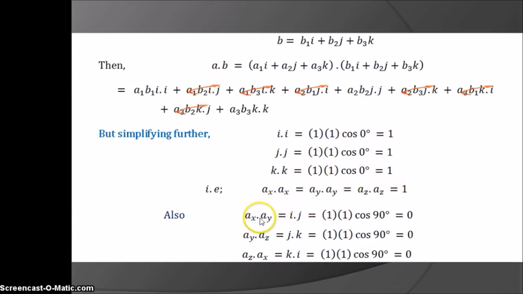Then wherever we have i dot j, or j dot k, k dot i, automatically becomes 0. That's why I cancelled it right here, and here, and here, and here, and here, they'll all go because they are going to result into 0.